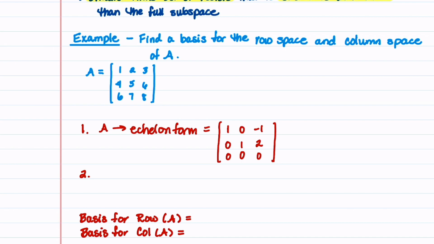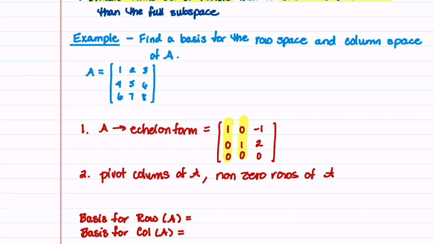Our second step is that we're going to locate the pivot columns of A and our non-zero rows of A. We'll highlight in yellow our pivot columns of A, and in green, we'll highlight the non-zero rows of A.